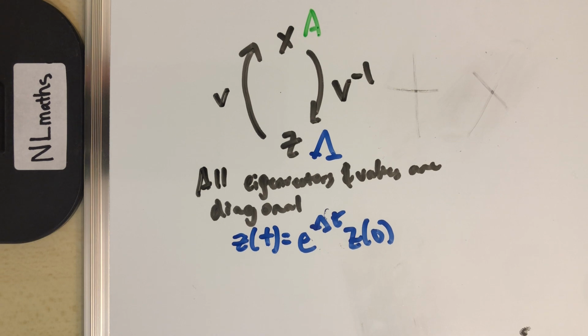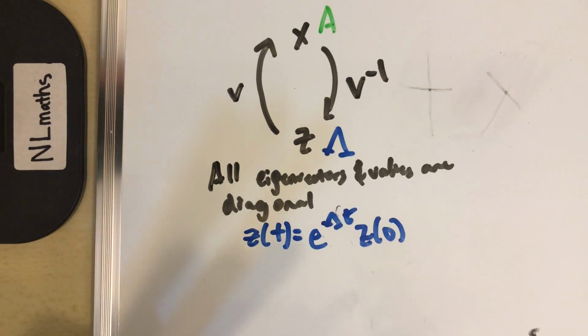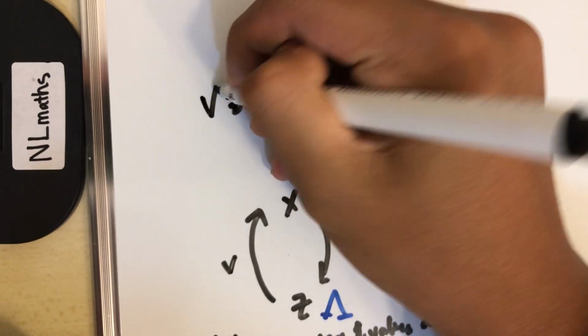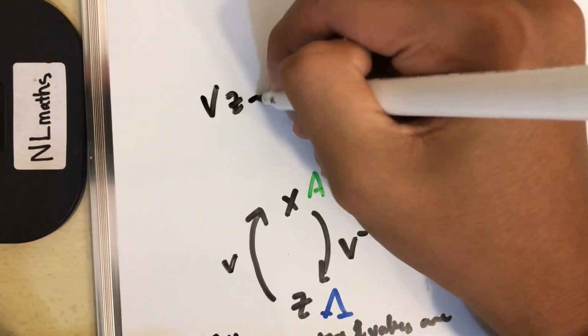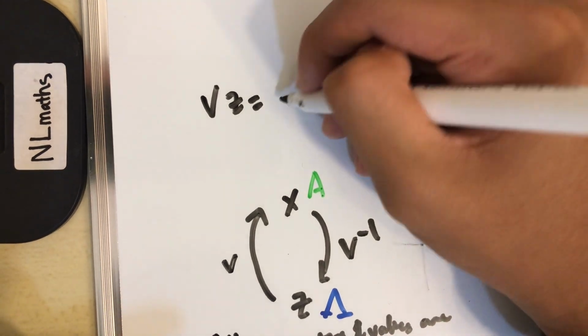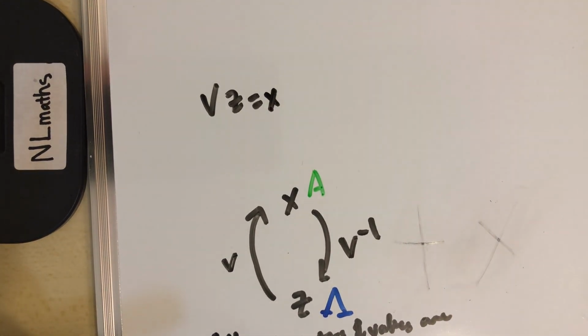Okay, let me just check my notes one more time. Actually, let me just do a few calculations to help build intuition. Okay, so let's say we have Z. We apply this V transformation on it. That is going to equal X. And that makes sense so far.